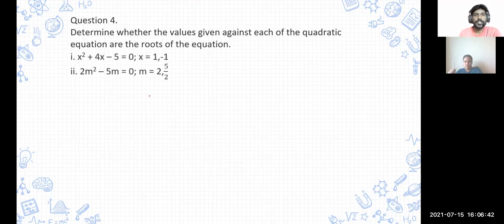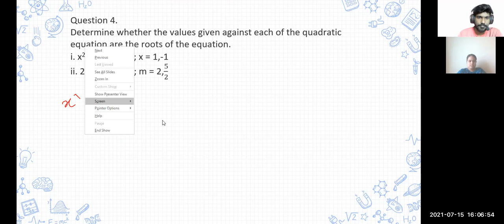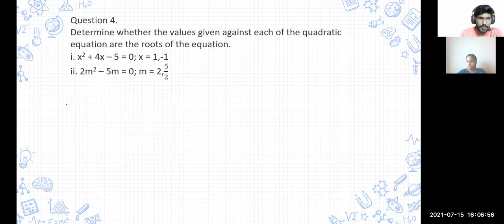The first quadratic equation is x squared plus 4x minus 5 equal to 0, and the two values of x are given, 1 and minus 1.